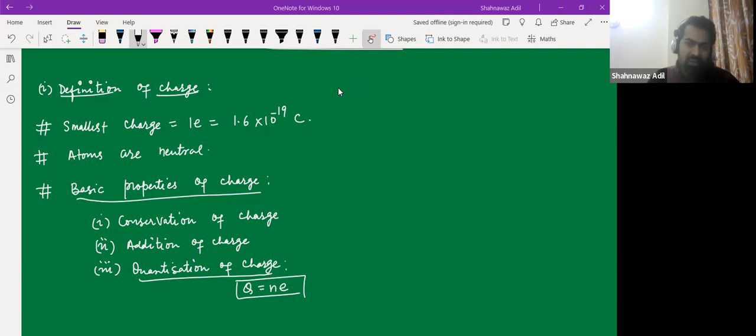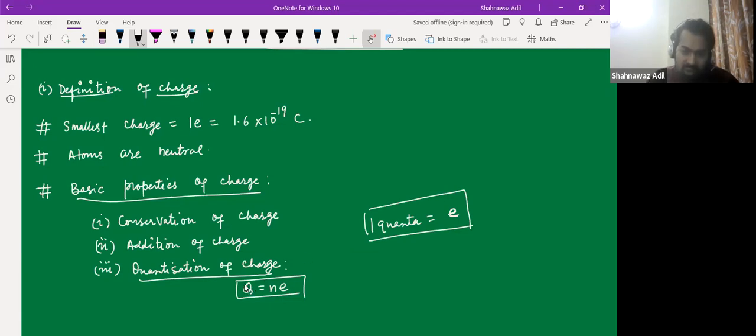Quanta means one small entity, and that is the charge on one electron. So one quanta is e, the smallest unit. You can combine these smallest units to make up a total charge.